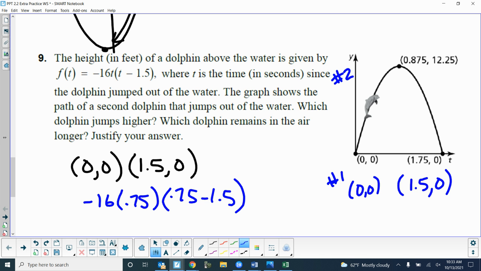And when I did that, I got 9. All right, so the other one was 0.75 and 9. Which one went higher? Second one or first one? Second one. So the second one went higher and longer, right, or further. Okay.